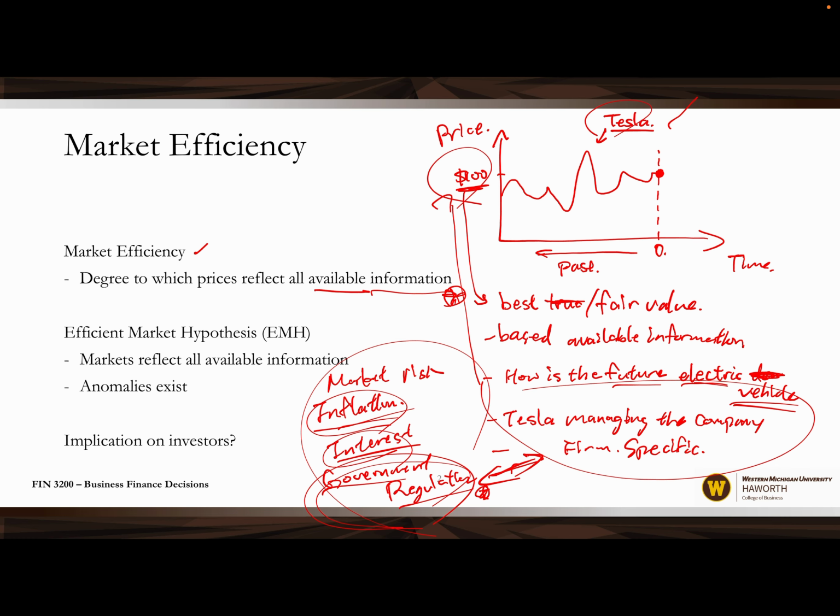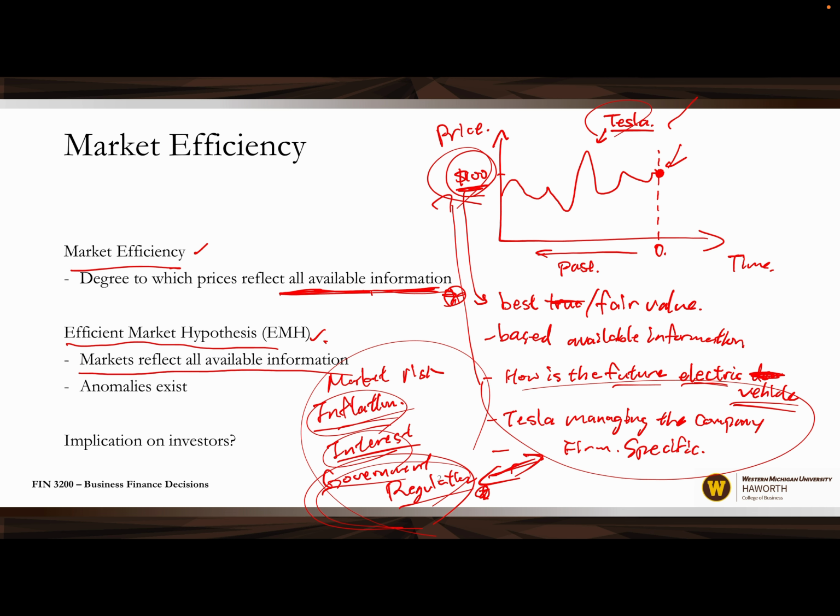And what market efficiency is saying is that based on all available information, this seems like a pretty decent price. So the efficient market hypothesis says that markets reflect all available information.